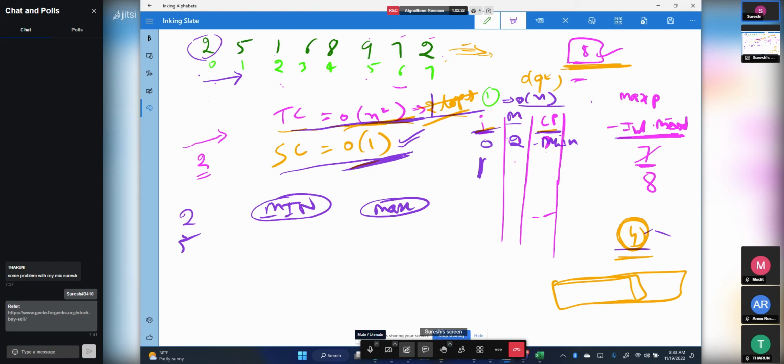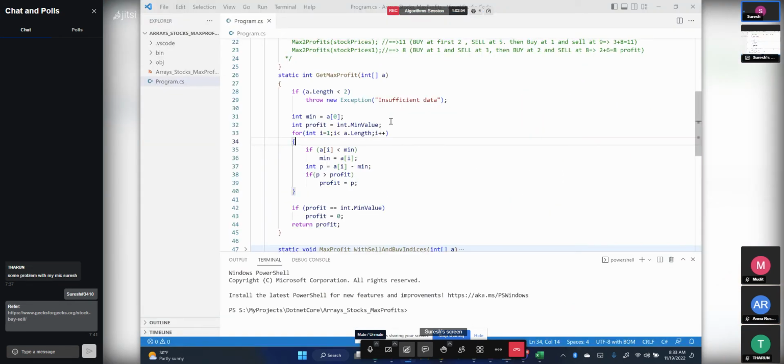Okay, i equal to 1. What is the value at i equal to 1? 5, right? Now we will compare with the minimum. The minimum value is 2. If a of i is less than the minimum, then minimum equals a of i.